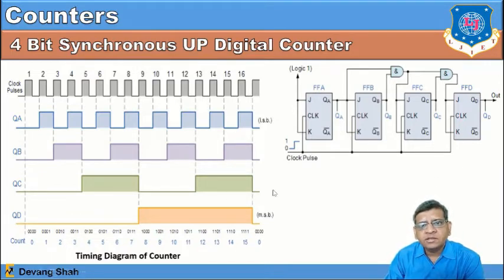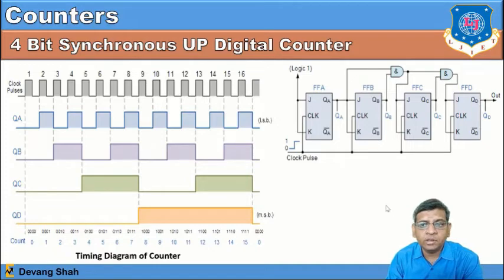Based on that, that particular implementation you have to do with the help of logic gates, and this is a very important part. Why? Because the clock signal is simultaneously applied to the synchronous counter. You can see there are 2 AND gates we have connected after the second and third stage.